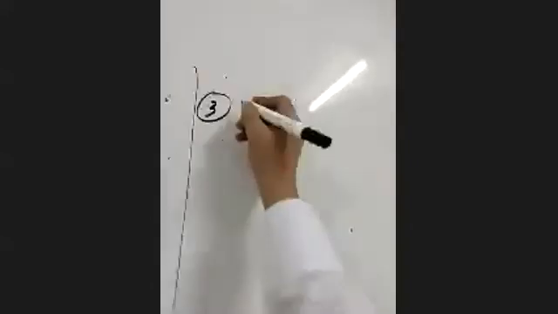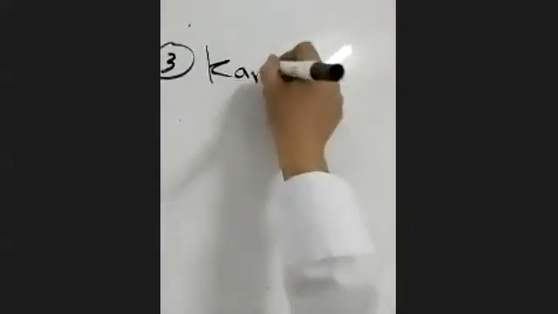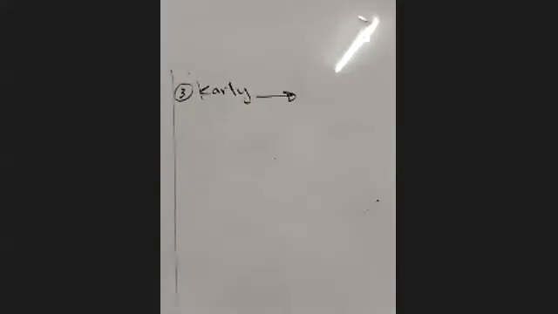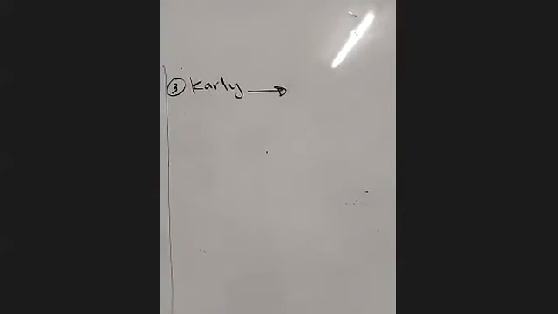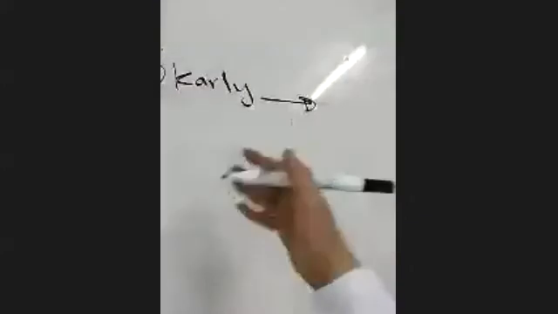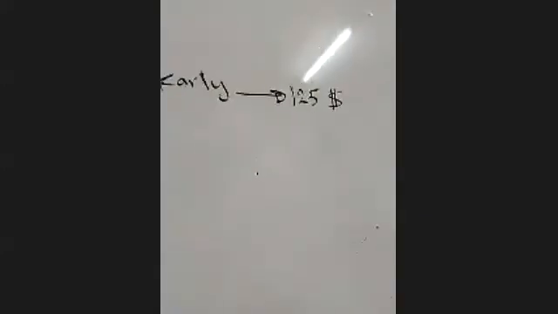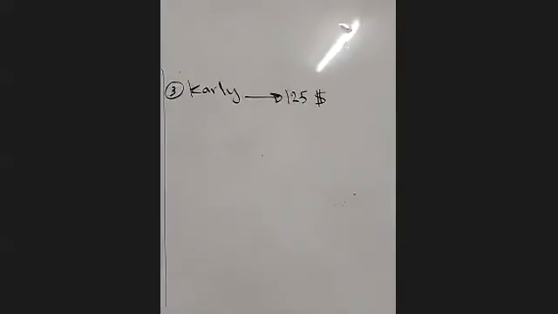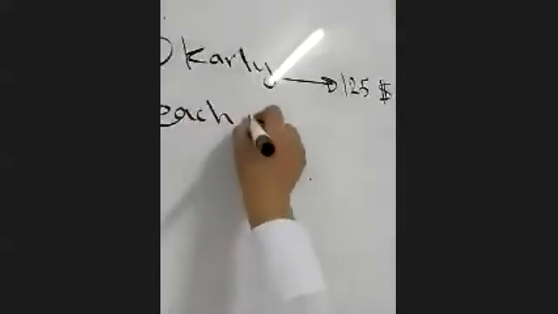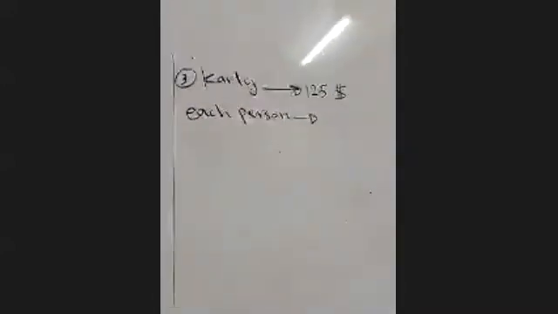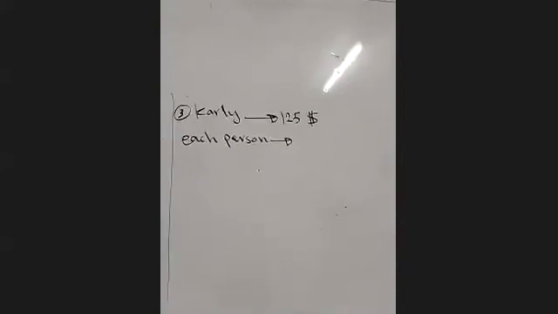Now here we have two pieces of information. How much money does Carly want to collect? Her goal is to collect $125. Carly wants to collect 125 what? Dollars. Each person needs to pay how much? $5.